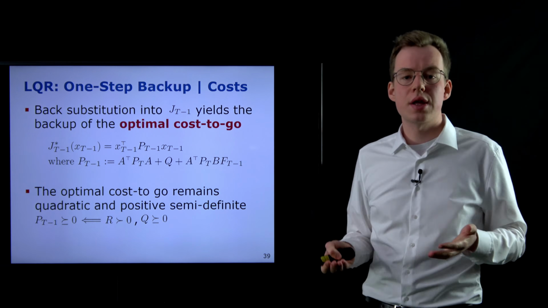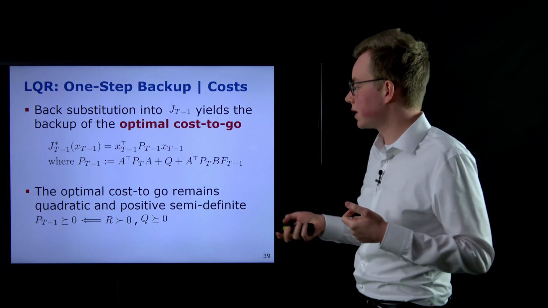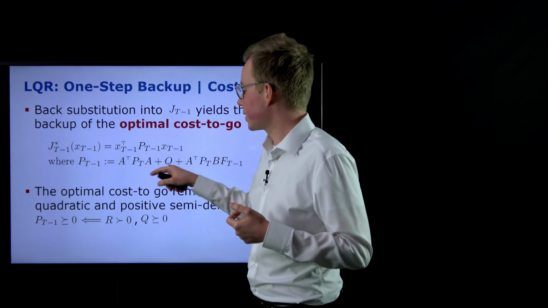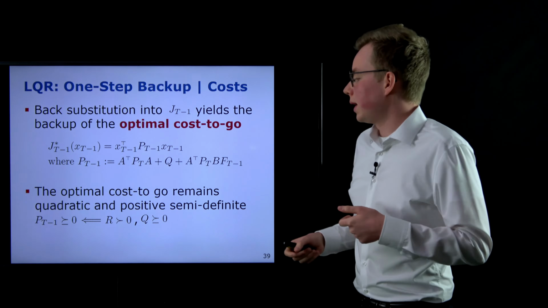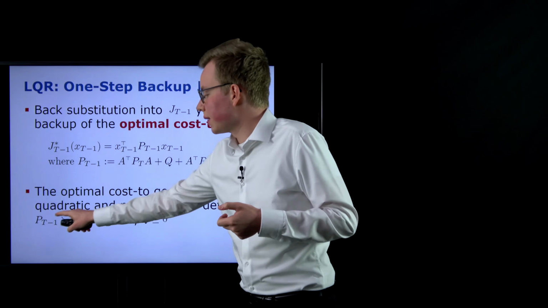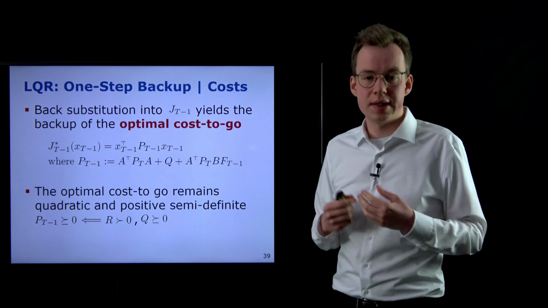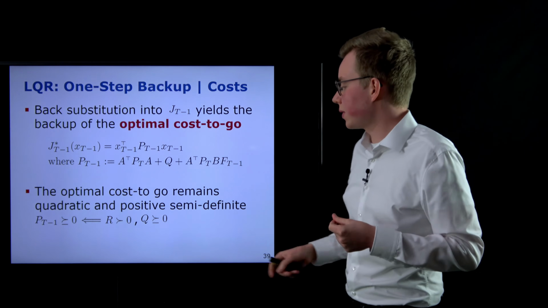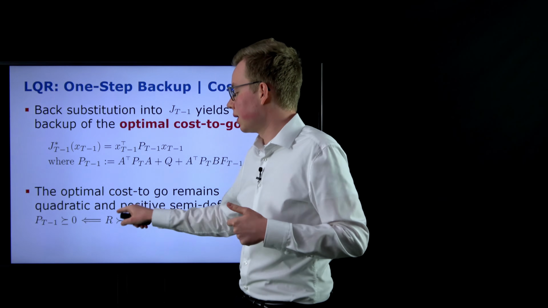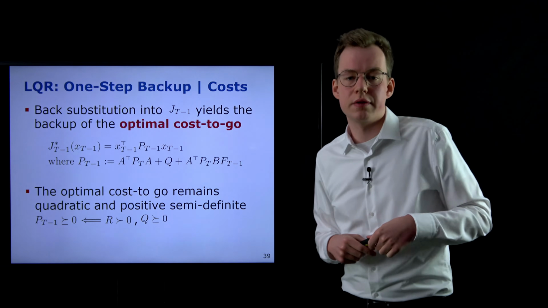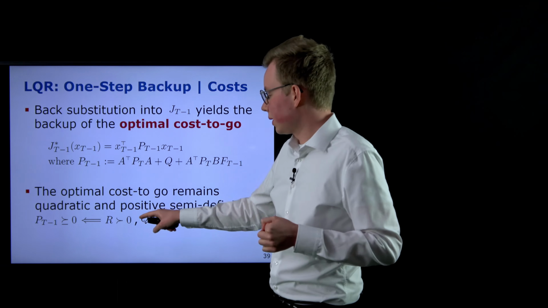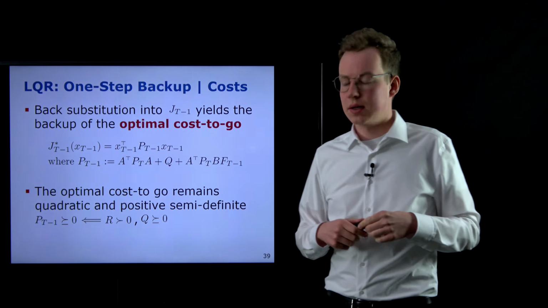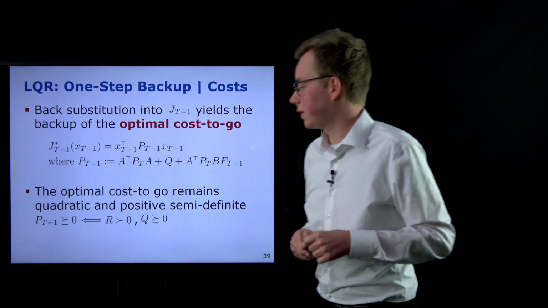So the only thing that we now have to convince ourselves of is what's happening with this matrix. What are its properties? You can show that this matrix is still positive semi-definite, even though we now took it one step backwards in time. And this is again derived from the assumptions that R was positive definite and Q was positive semi-definite.